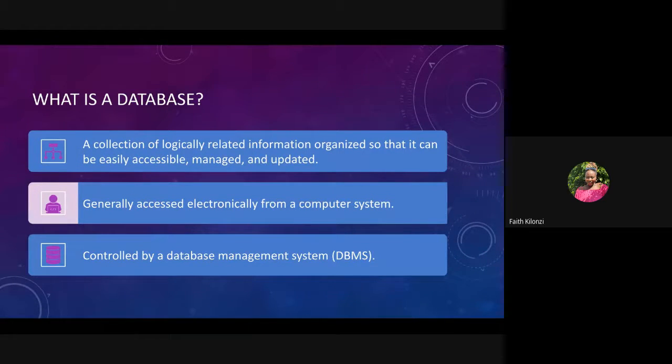We already said a database is a collection of logically related information organized so that it can be easily accessible, managed, and updated. It's usually accessed electronically from a computer system, and it's controlled through a DBMS, which we discussed extensively previously.